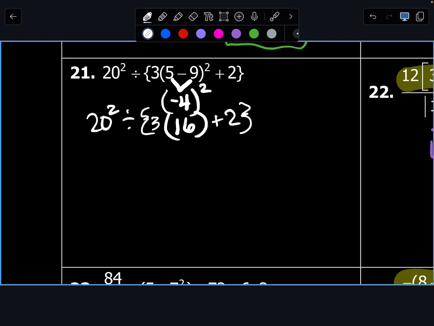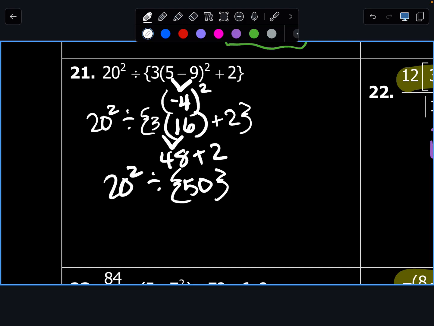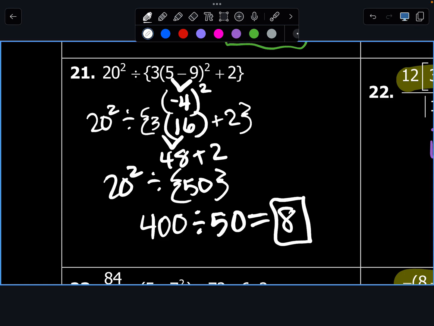What's 3 times 16? 48. Plus 2? 50. So that's our value of the bracket. What is 20 squared? 400 divided by 50 gives us 8. So 8 is our answer.